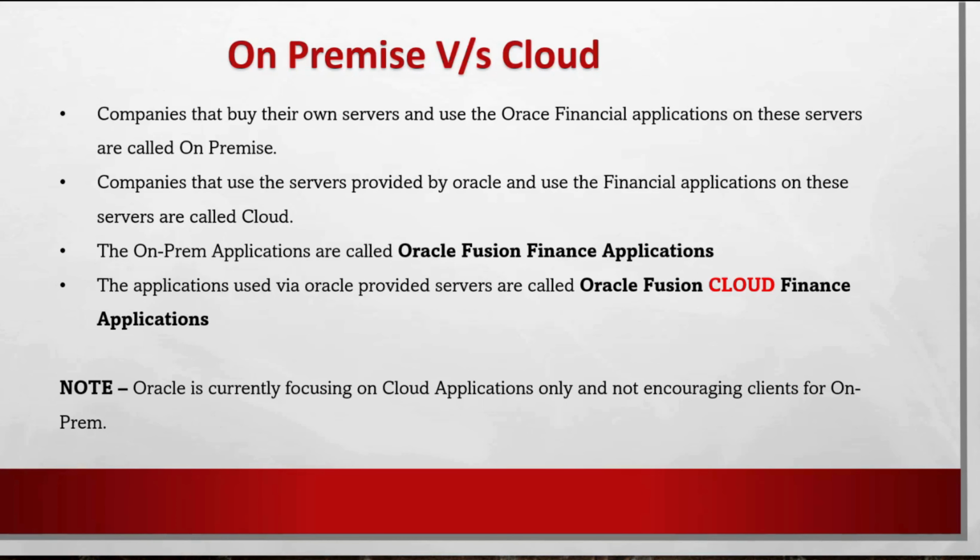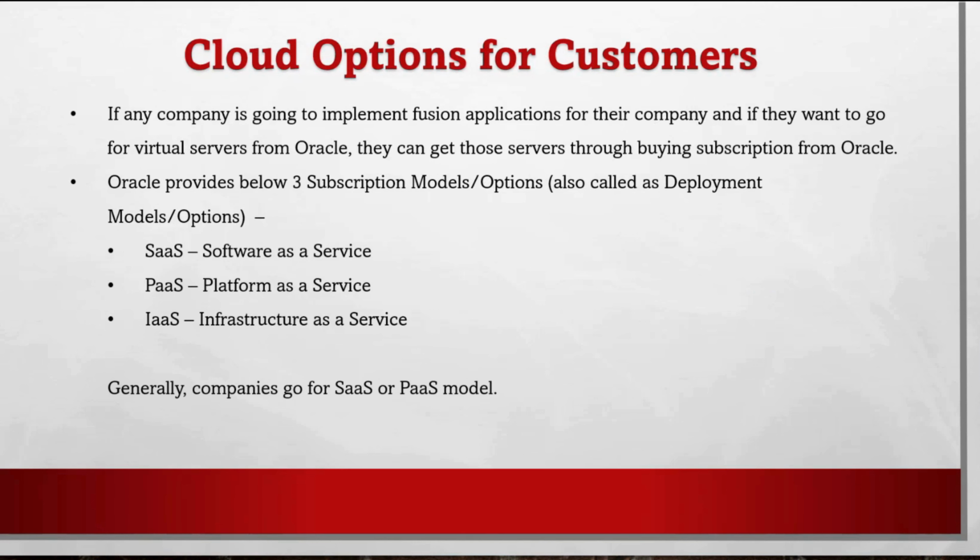So what are the other options Oracle is providing? The cloud options for customers. If any company is going to implement Fusion applications, and they want to go for virtual servers from Oracle, they can get those servers by buying a subscription from Oracle. Oracle provides the below three subscription models, also called deployment models.